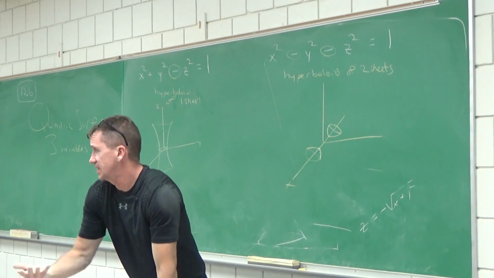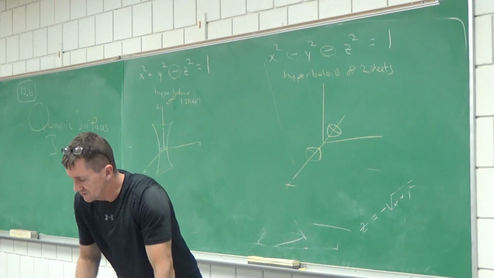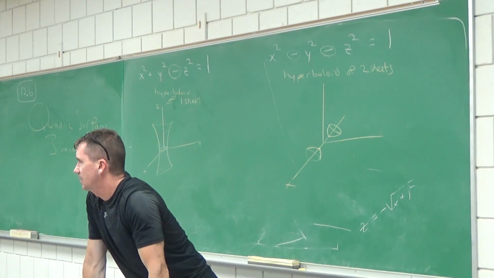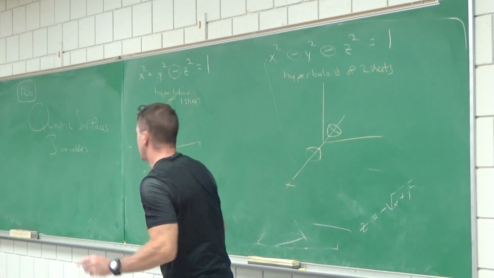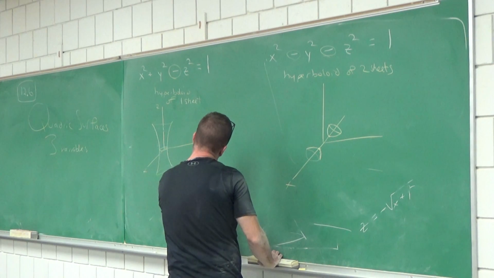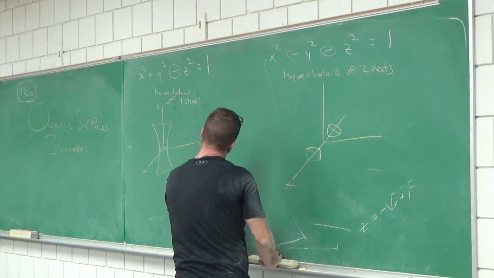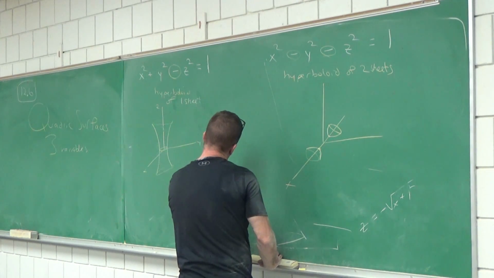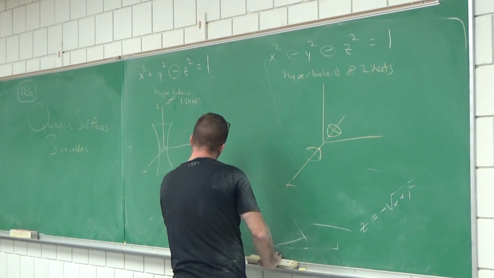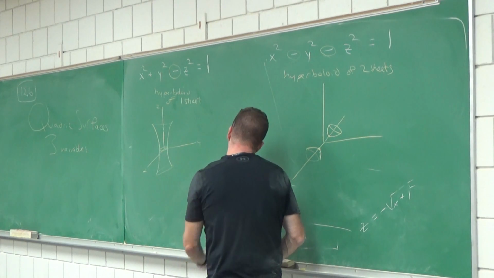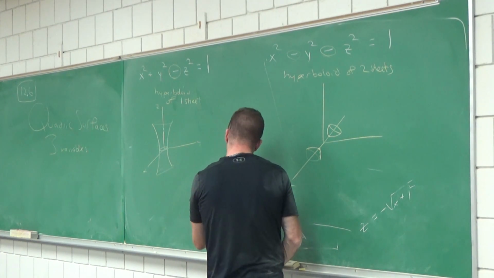Hey, there's one more surface. I never have you sketch it, if you're curious, but it's called the hyperbolic paraboloid. It looks like a saddle. So I just want to put the equation right here. What did the circular paraboloid look like? z equals x squared plus y squared.